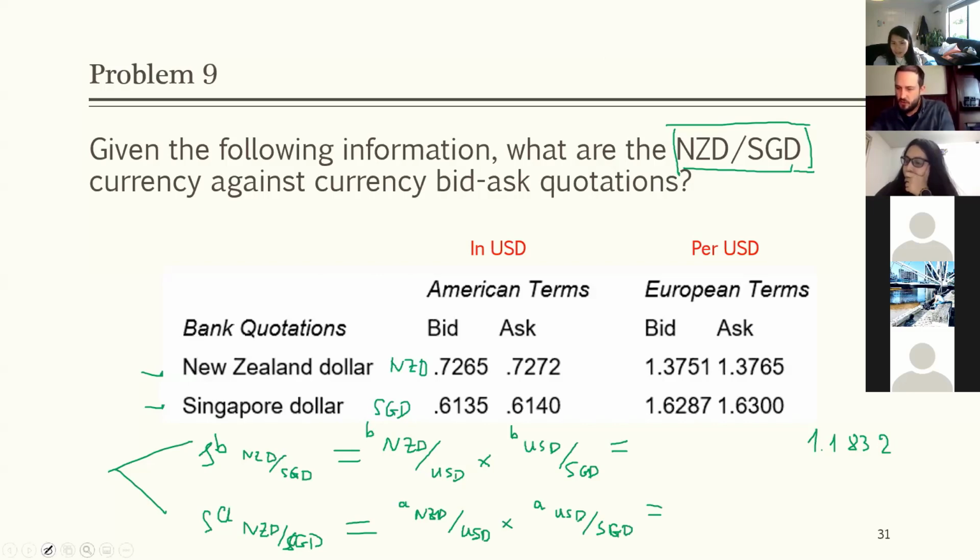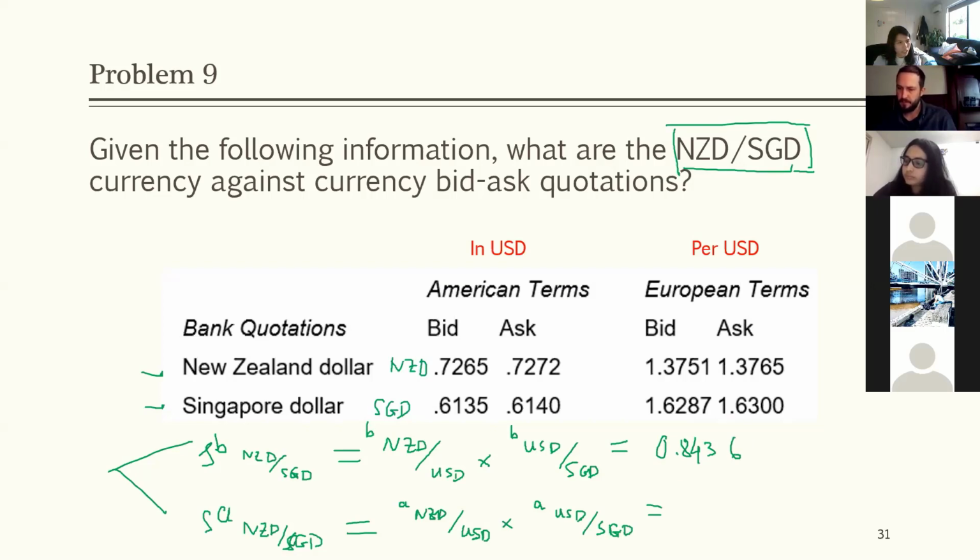Let me erase it first. So it's 0.8436. Exactly, spot on. So the bid rate is 0.8436. Did everyone else have the same answer? Yes.